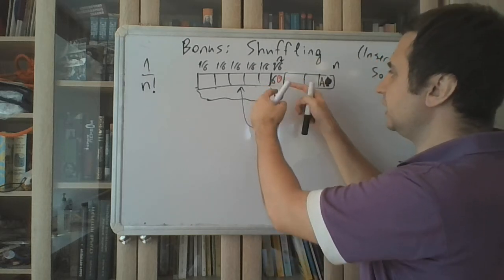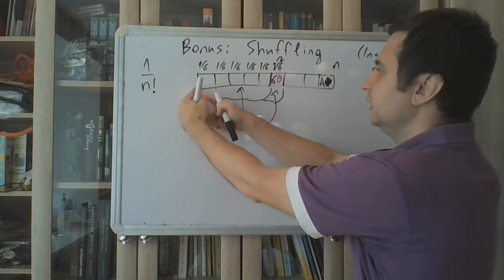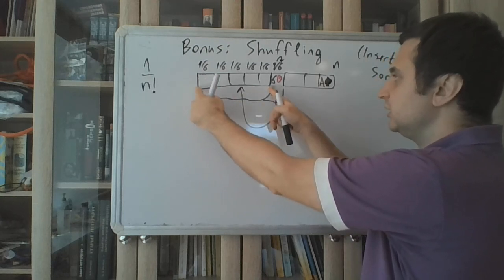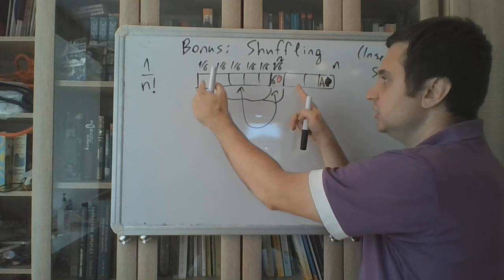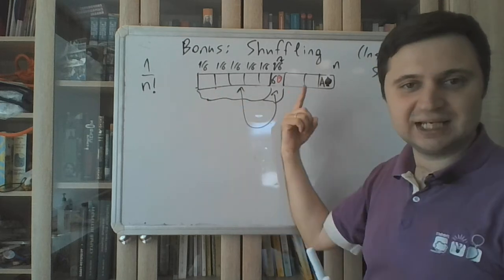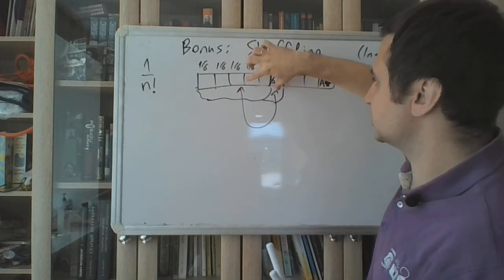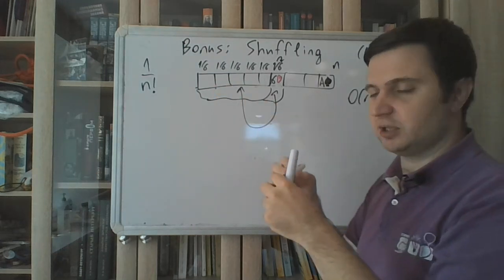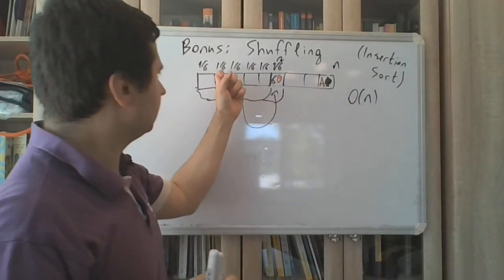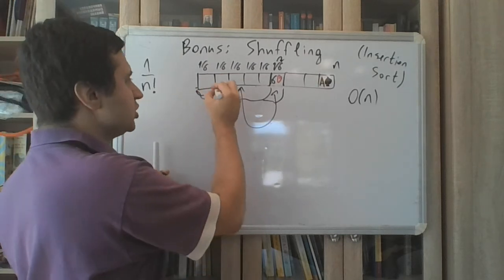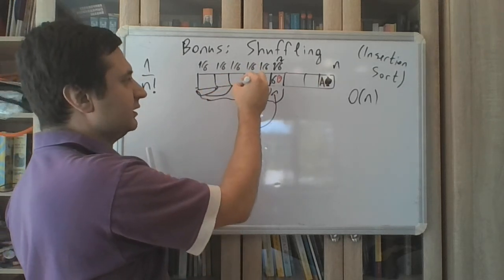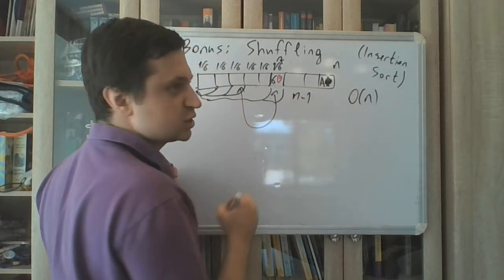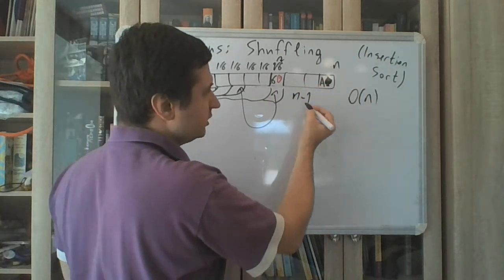Each new card should be put into any position among the previous positions and the same position with equal probability. You just select the position, make one swap, and swap this card into the already shuffled array, so there will be n-1 swaps, and it's linear time.